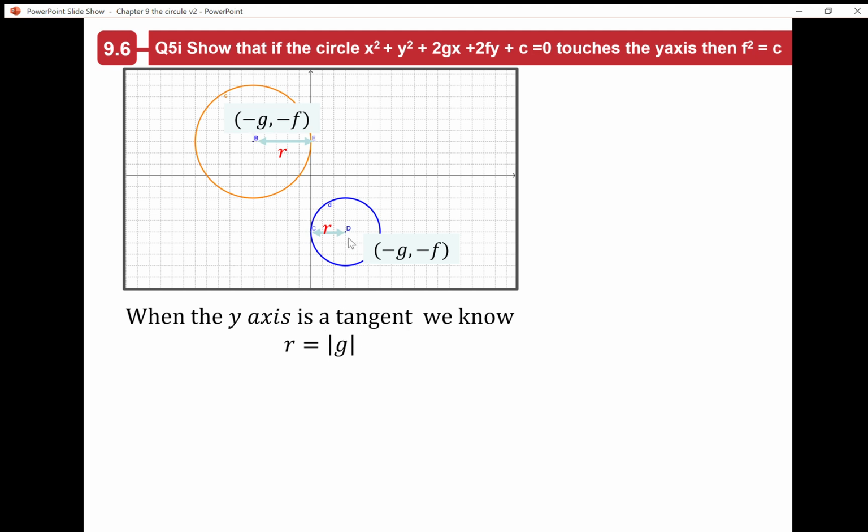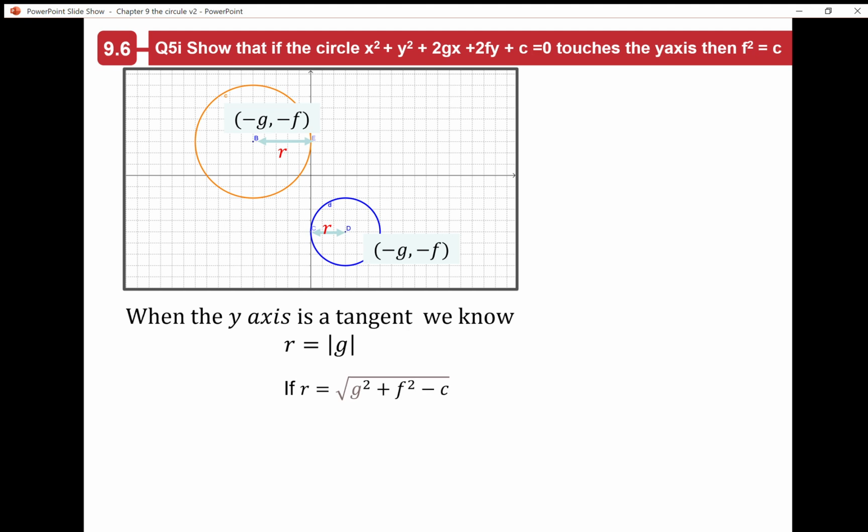We say the absolute value because we are only taking the positive of your x-coordinate. You ignore the sign, so we're only looking at that distance. Okay, let's see how we can use this information to show that f squared is equal to c.